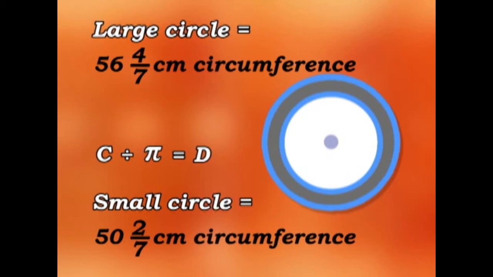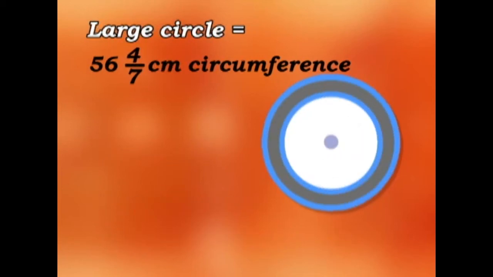Now, we know the circumference of the larger circle was 56 4/7. Let's change that into sevenths. 7 times 56 plus 4 makes 396 sevenths.